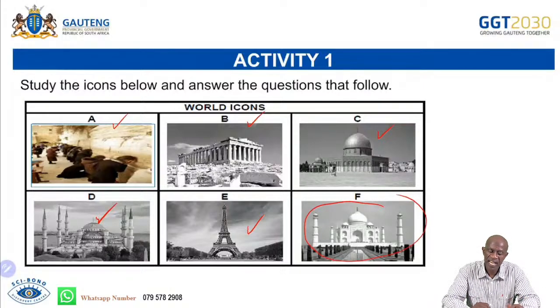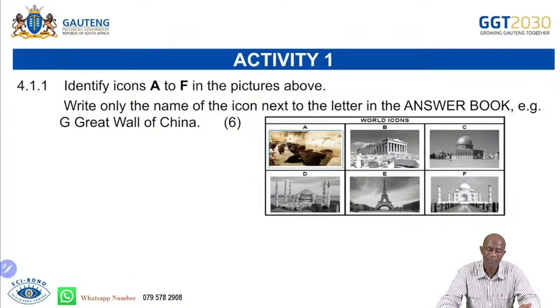As you can see, I've named them prior to seeing the question. So this is what you should always do, because we would expect the questions on naming these attractions. So you should try to establish their name before you could even see the question. It says identify icons A to F in the pictures above.